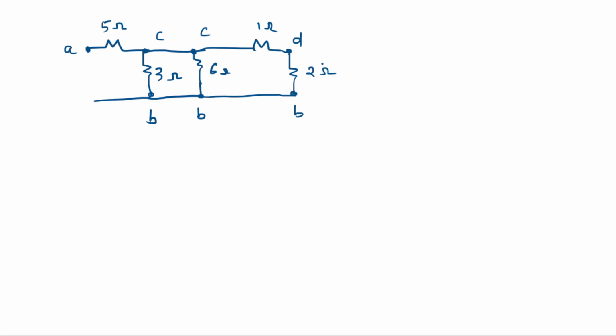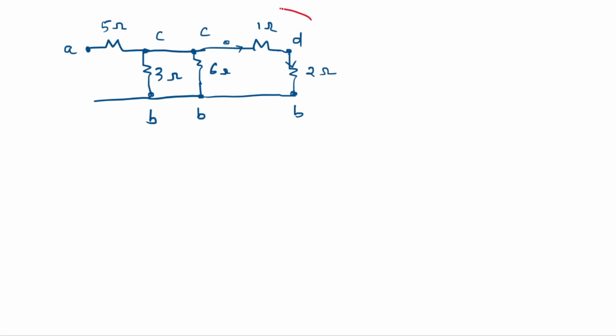This is 2 ohms. Now we can see that the elements 1 ohm and 2 ohm are connected in series. If an electron comes from here, it will be passing through 1 ohm and 2 ohm. The same number of electrons will be entering 1 ohm and 2 ohms, right? So these two are in series.